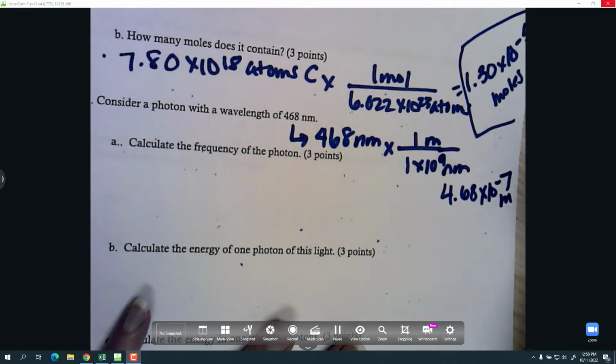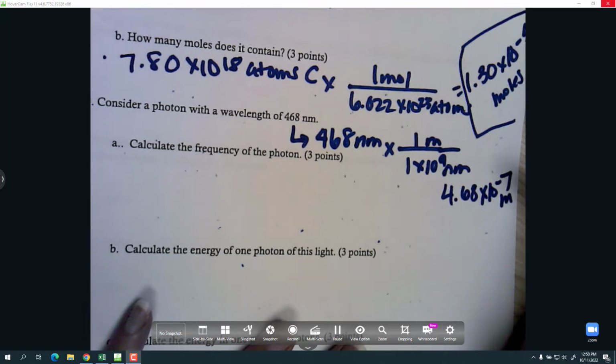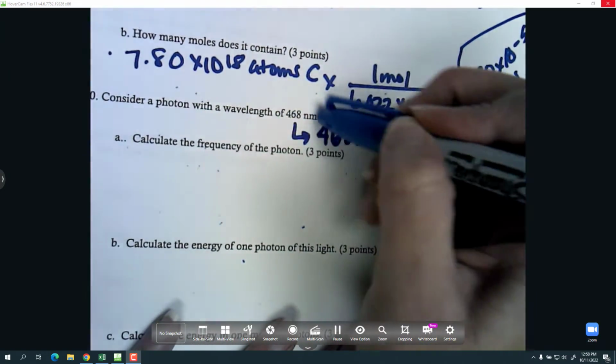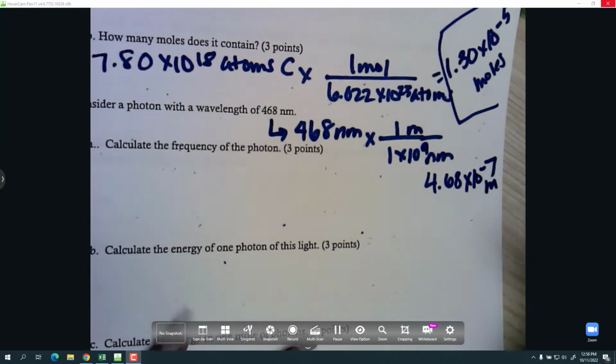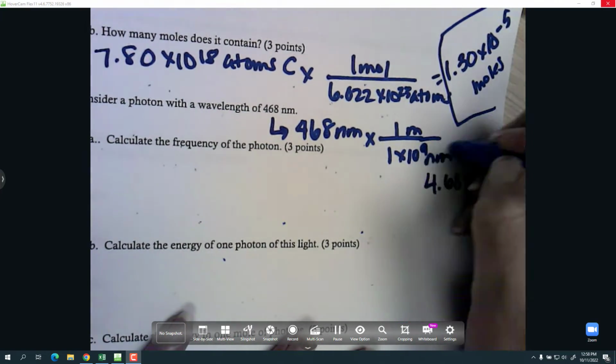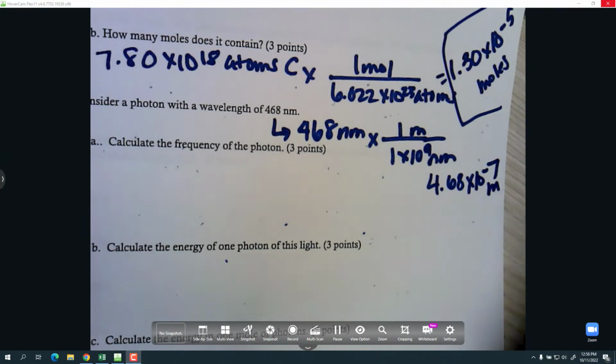So if I want to put the 1 with the meters, then this would be a big number. Also, this is visible light, 468. That's right in that 400 to 700 nanometer range. And so any visible light has a wavelength in meters that has 10 to the negative 7th. So if you know that, then you could have that as a second check as well. Okay, so that's my wavelength in meters.